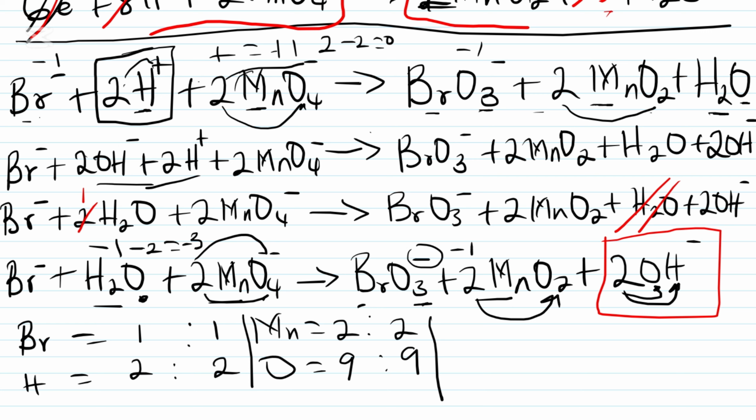And here we have 2 multiplied by the -1 attached to the OH⁻. It gives you -2, and this is equal to -3. Hence, for the charges, we have -3 on the left and -3 on the right. Therefore, this reaction has been balanced in basic solution.